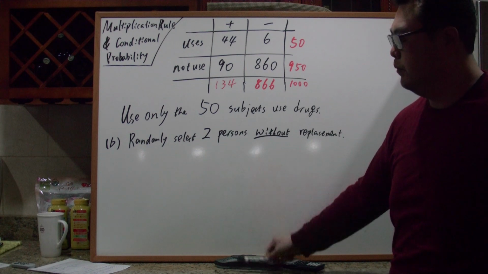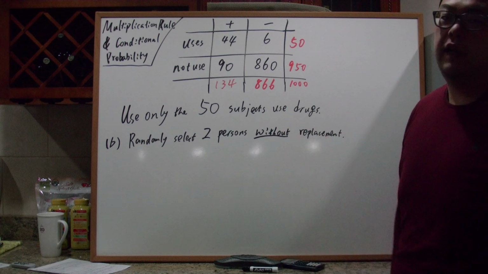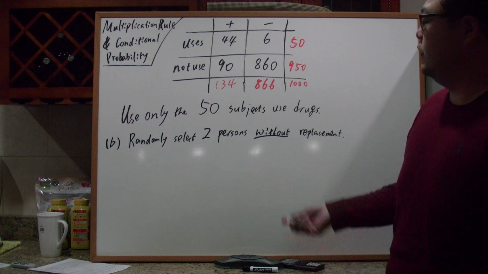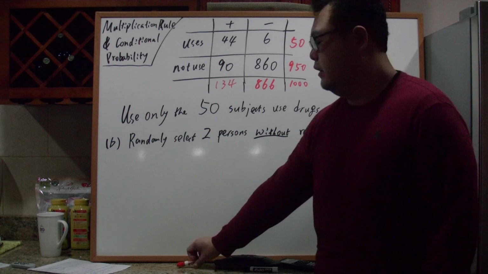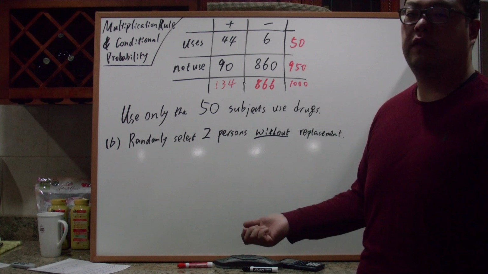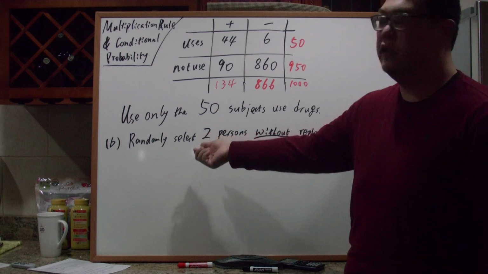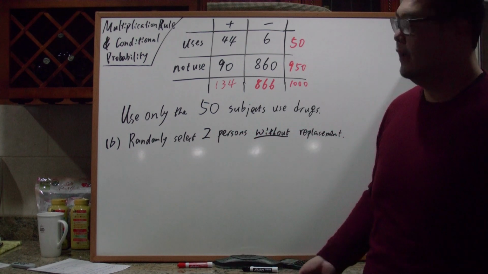So without replacement, whatever you do for the first person actually affects your result for the second.